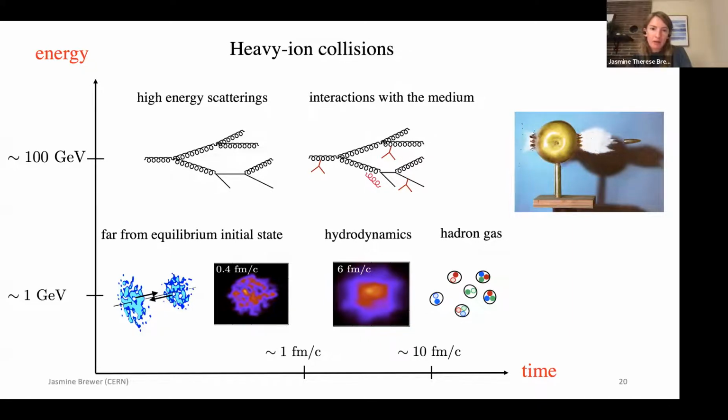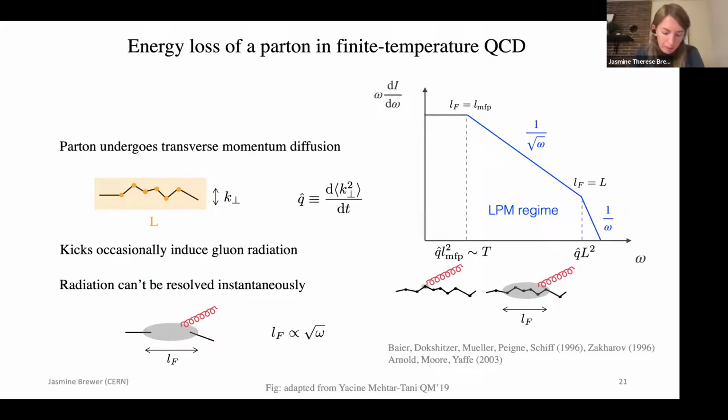Cool. So we want to use jets to try to study the quark-gluon plasma. I've been talking so far about jets as complicated extended objects where you have many different particles, and that's a more complicated case.